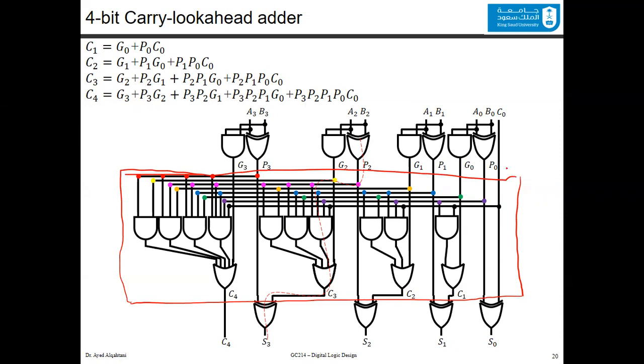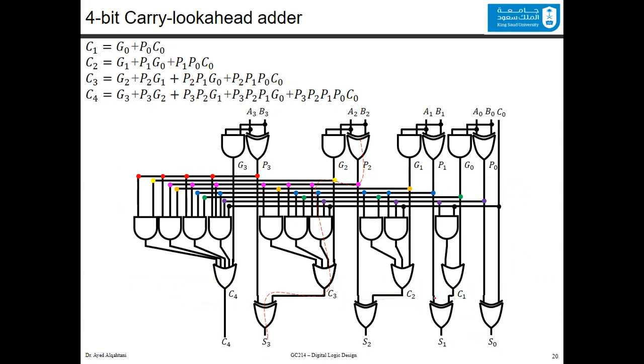So you can see C0 goes directly to get the S0. Now, our job is to find C1, C2, C3, and C4. And those are the equations for each one of them. We basically build each one of them individually to get the carry look-ahead addition.